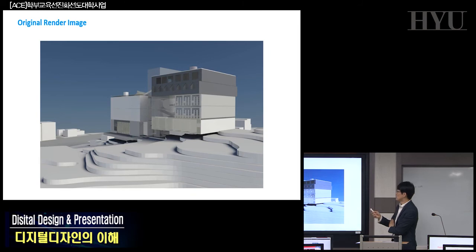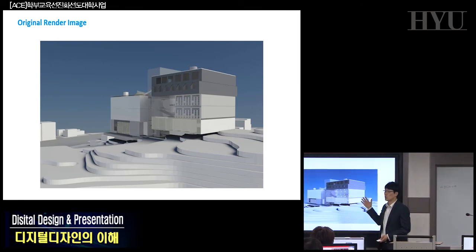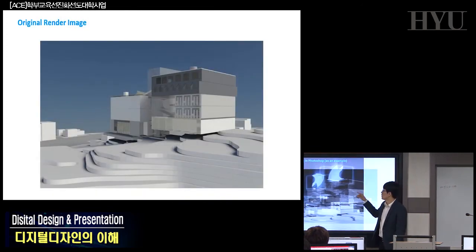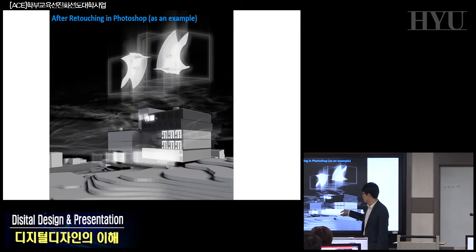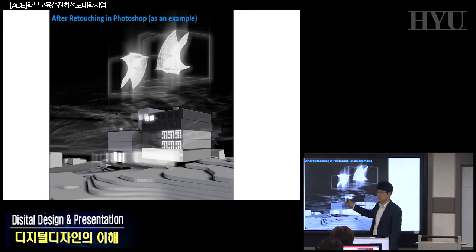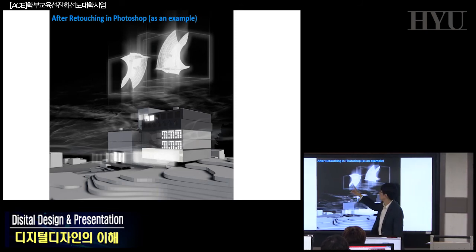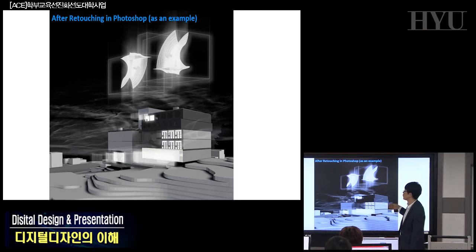And I brought this one additionally. This is a very typical and simplified rendering output. But for visual effect, take a look at this one. This is the same image. From this one, the Photoshop retouched visualization is something like this. Some lighting effects are emphasized. And take a look at those two boxes in line drawing shape. And the interior non-uniform freeform structure is visible, exactly on top of this building geometry, okay?